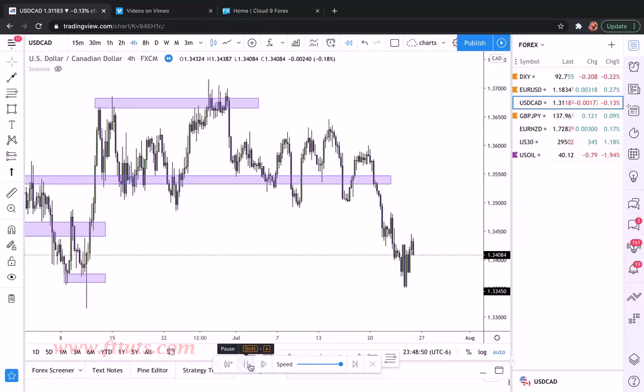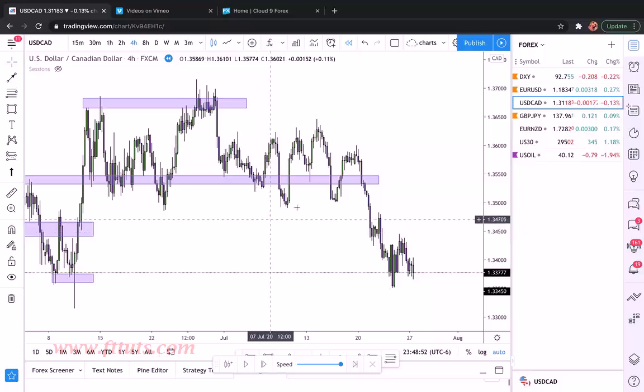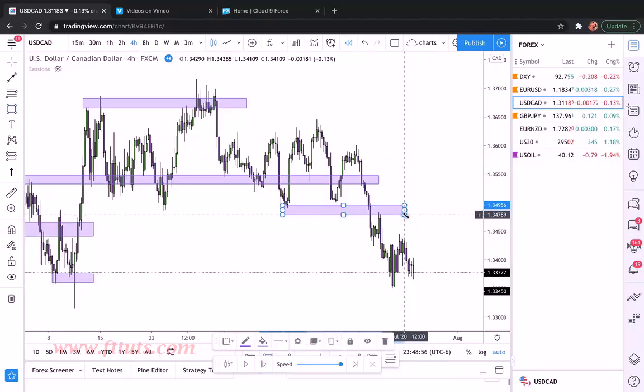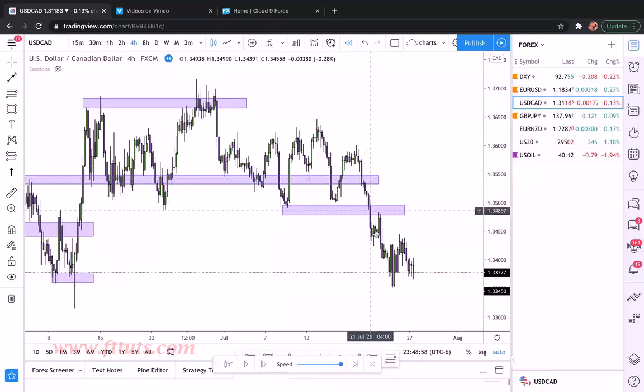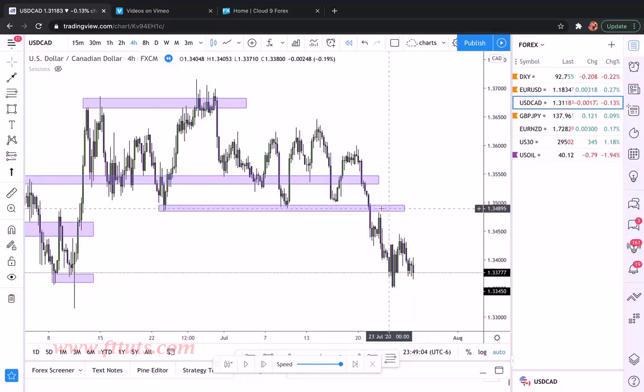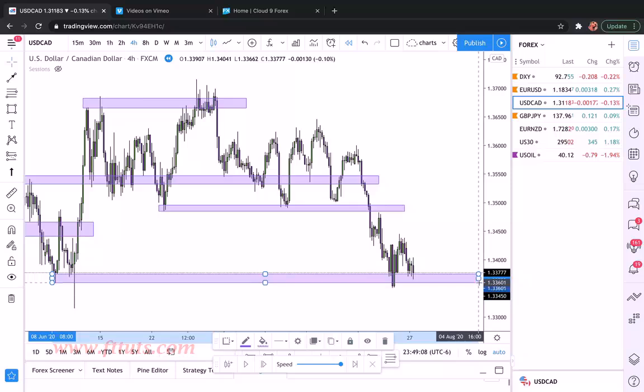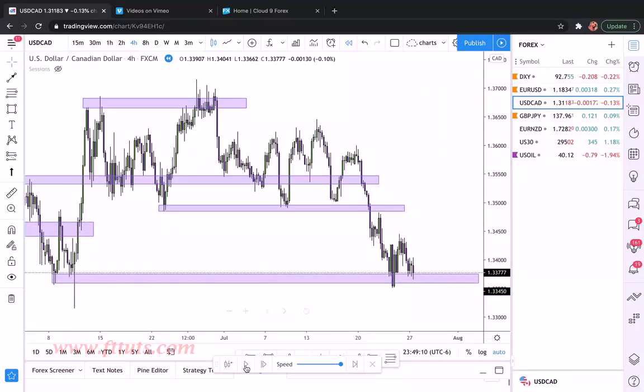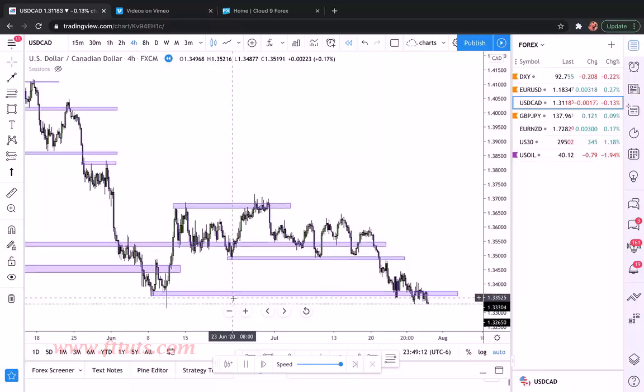So then it eventually comes down. Basically what happens here is it tests price here, breaks, tests structure on the left, as you can see. It tests structure, continues down to this low. Okay, so for it to keep going down, it needs to break.